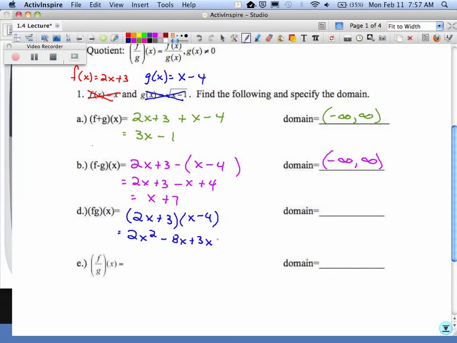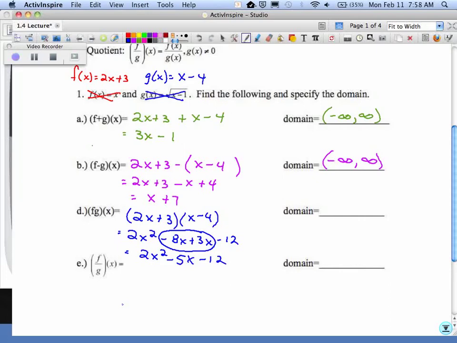And 3 times negative 4 gives me negative 12. Now some of you might do your first and last and be able to do the O and I mentally, but we end up with 2x squared minus 5x minus 12.